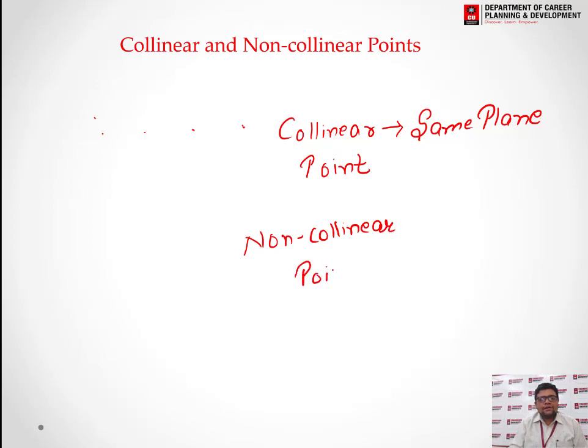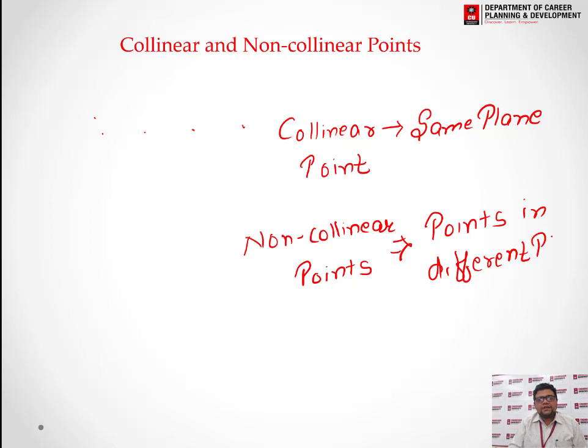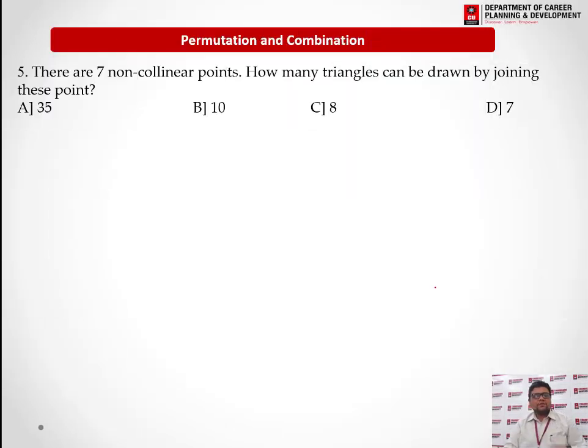Non-collinear points are those points in a different plane. The points which are in different planes are called non-collinear points. Now let us see a question based on this concept.